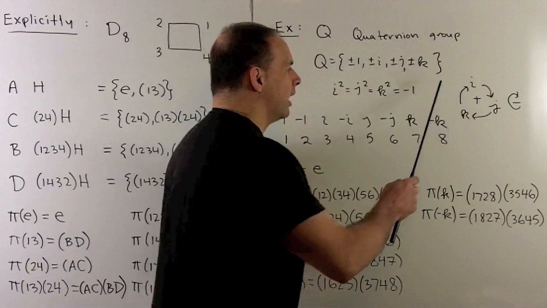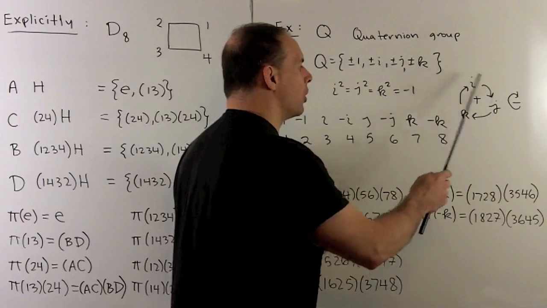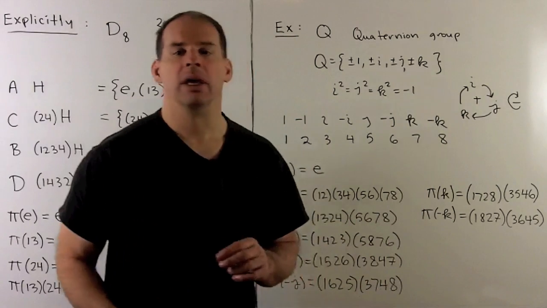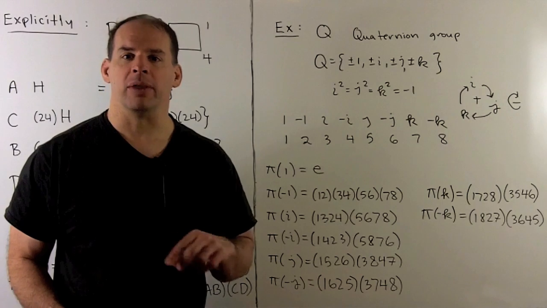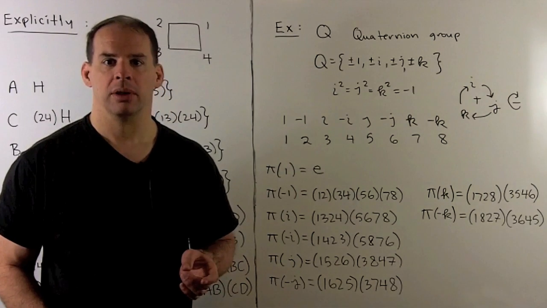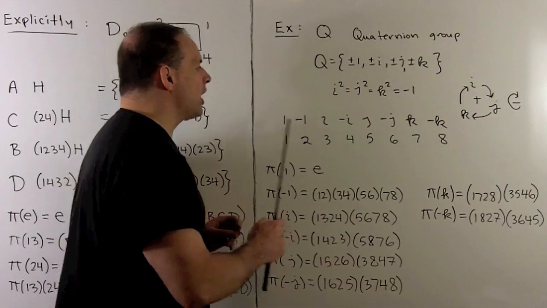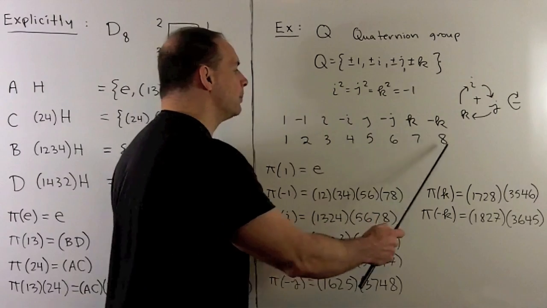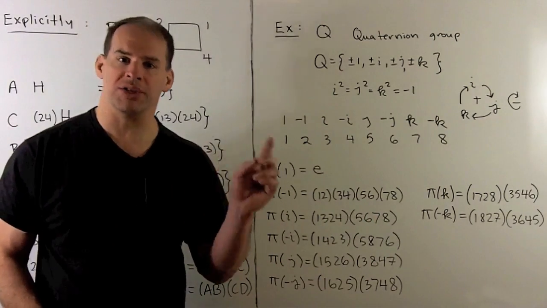To multiply any 2 distinct letters, we put i, j, and k on a circle, going clockwise. If we multiply clockwise any two, we get the third. If we go in the other direction, we get the third, but with a minus sign. Now, we apply the same trick. I'm going to label each element 1 through 8. Here we're going to consider the left regular action of the group on itself.